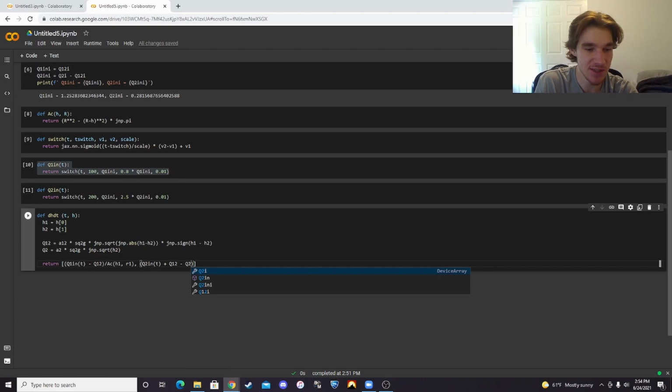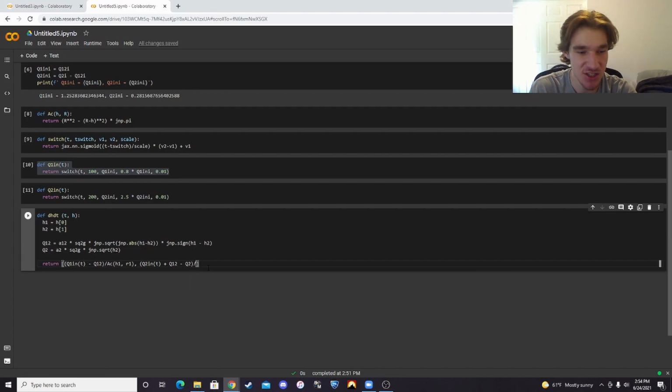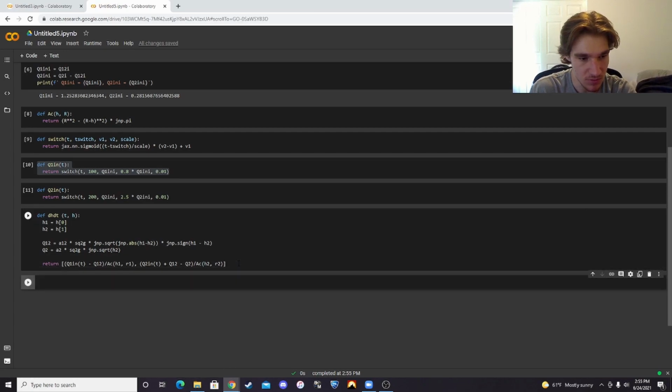And this also has to be over the cross-sectional area of that second tank, so we use the function AC again. Height this time is going to be 2, and then R is going to be R2. After that, it looks good so far. So now we're going to go ahead and solve for our initial value problem.